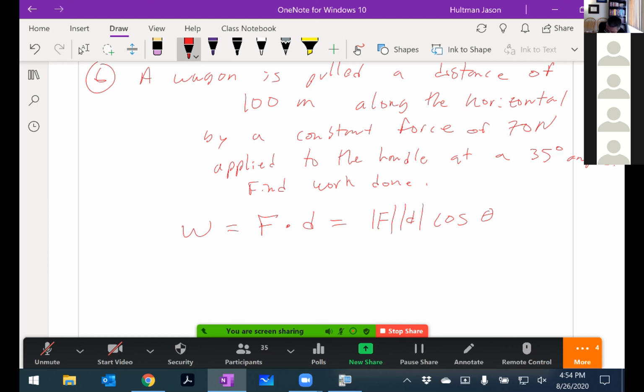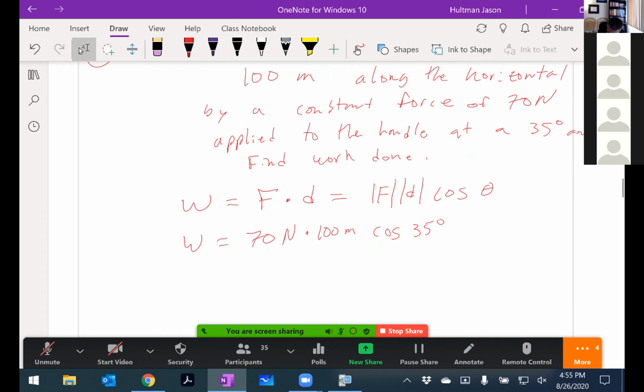Okay, so what is the work done here? The work done is going to be equal to the magnitude of the force. Well, the magnitude of the force is 70 newtons, and the distance is 100 meters, and that is being applied at an angle of 35 degrees.